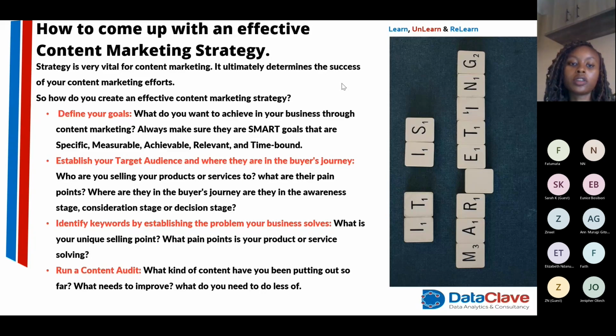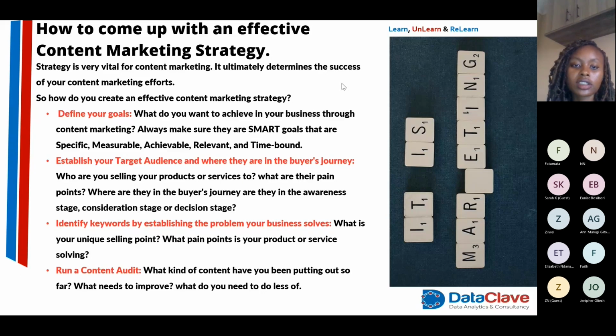What's your unique selling point? What makes your flowers different from the next vendor? And then there's also the decision stage. In the decision stage, they have a few brands. They have not decided yet which brand to go with. So you must also have content for that stage.